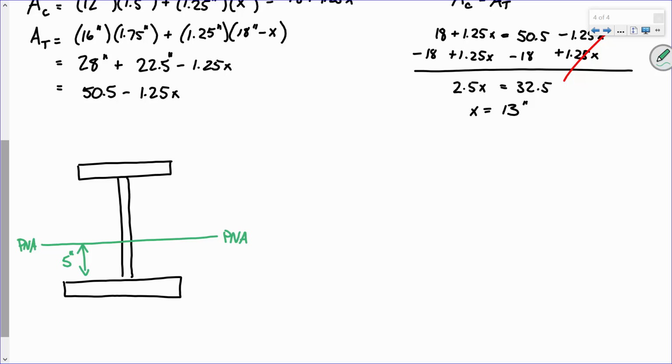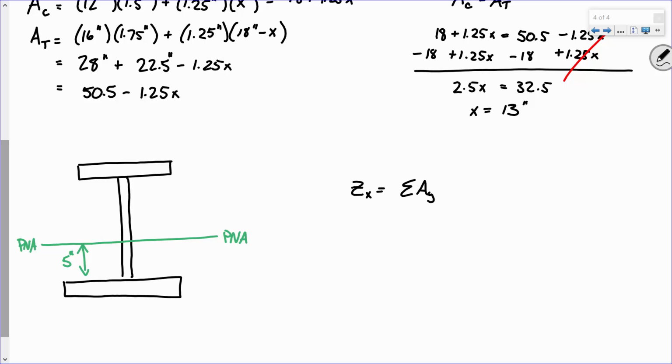Now, in order to determine Zx, Zx is basically just your area times your moment arm. In other words, it's the sum of A times y. So you can do this however you want. If you want to break it up into a table, that's fine. It's pretty straightforward.